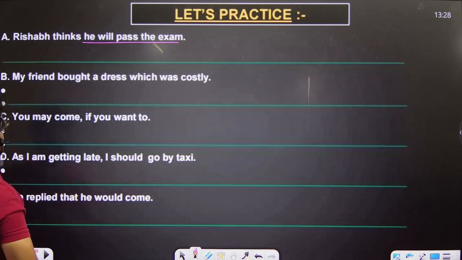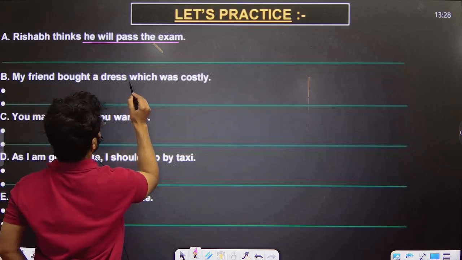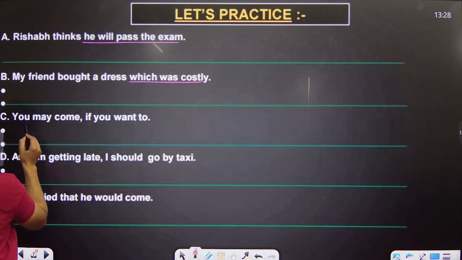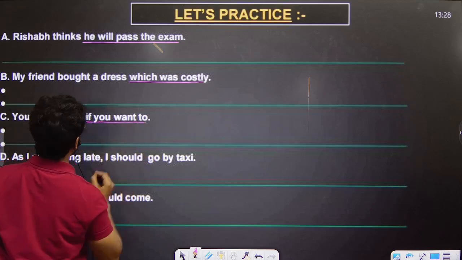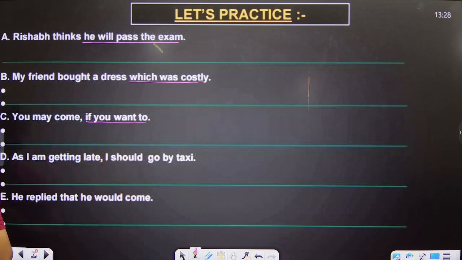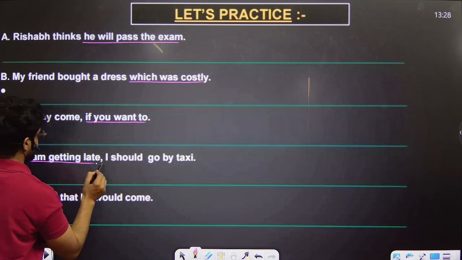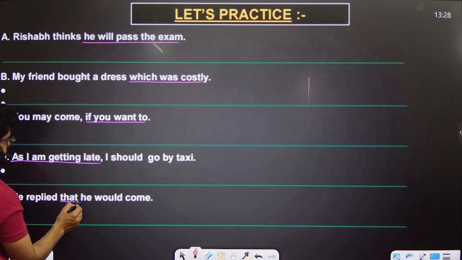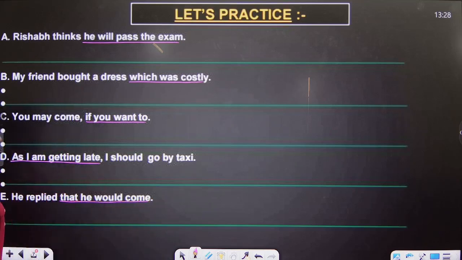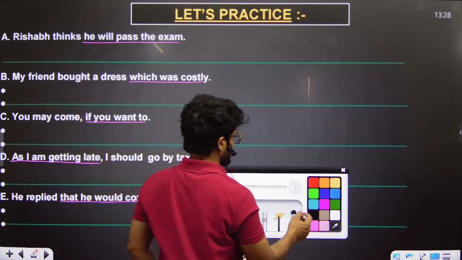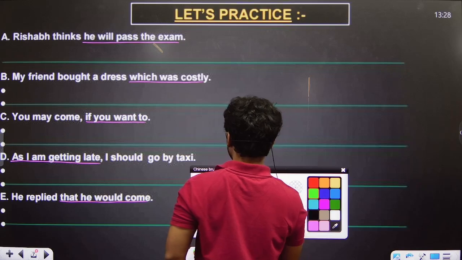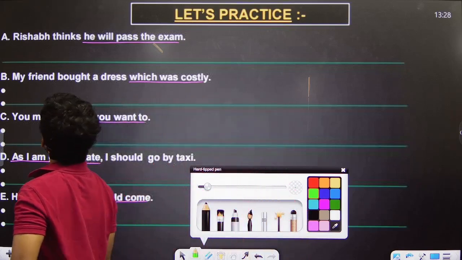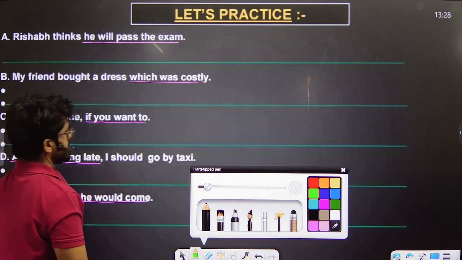Dependent clause. My friend bought a dress which was costly. You may come if you want. As I am getting late, I should go by taxi. He replied that he would come. These are the dependent ones. Rishabh thinks he will pass the exam.